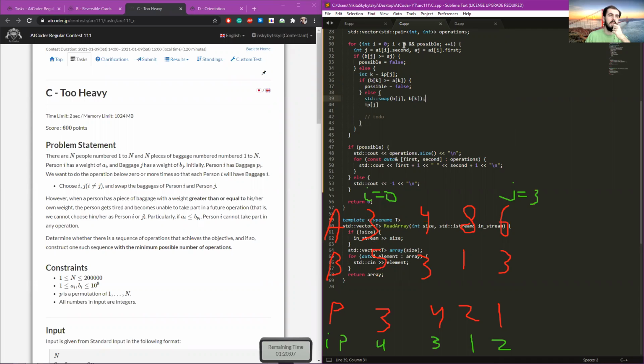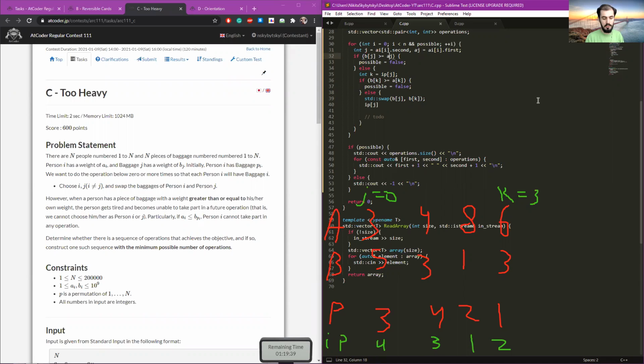J and k are correct names. We want to swap their bags. We can do it because they are both smaller than their current weights.